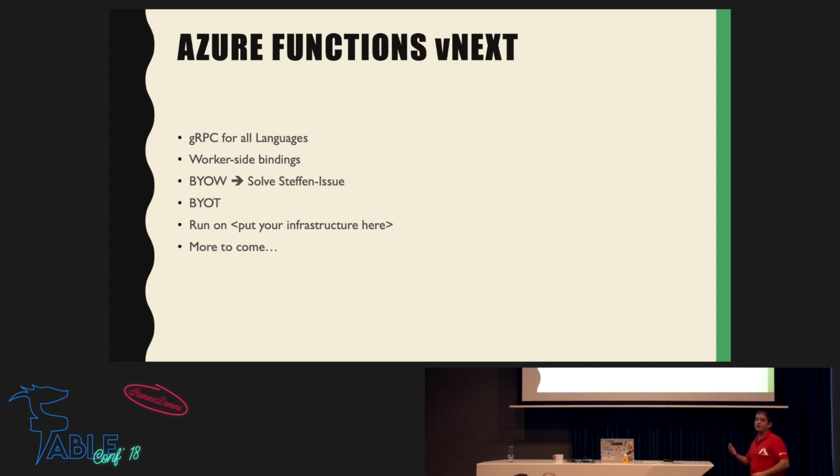But this will finally solve Stefan's issue, because it leads us to bring your own worker. I can create my own workers, as long as they respect the protobuf, with my own binding redirects, and deploy them wherever I want: to AWS, to my own Kubernetes clusters. Then I tell the functions host, hey, I am a worker.